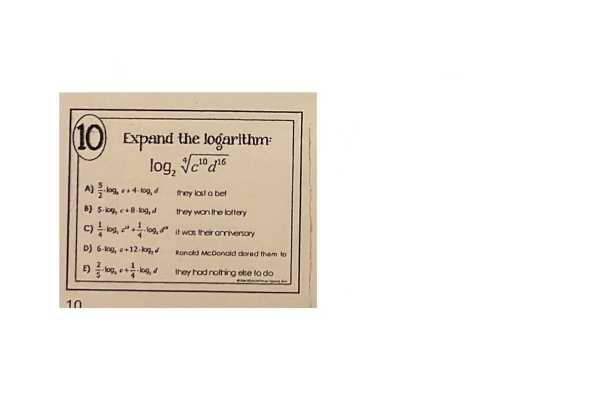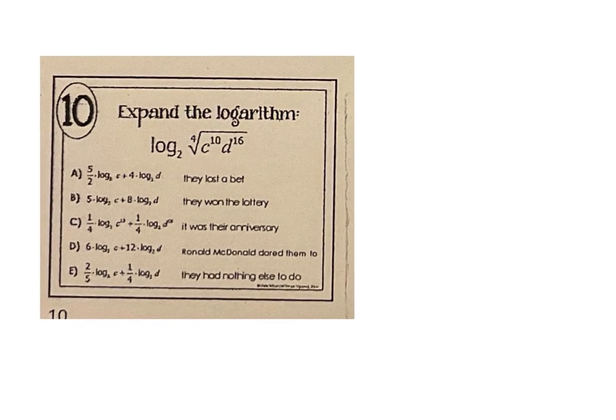Okay, here is another radical. So that's going to give us another fractional exponent. So let's take care of this root 4 and rewrite it. So we've got log base 2 of c to the 10 d to the 16 to the 1/4 power, because that's what root 4 is. It's the 1/4 power. Okay, so we have to multiply our exponents.